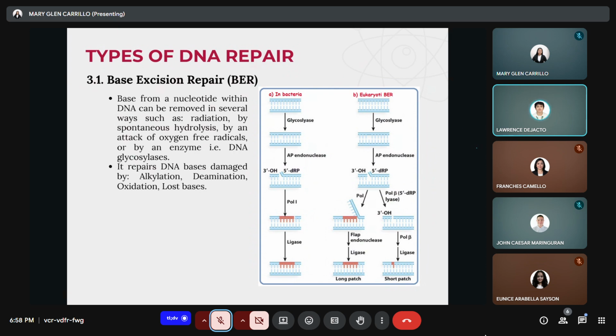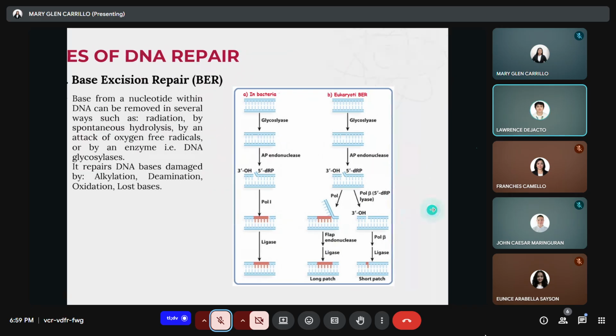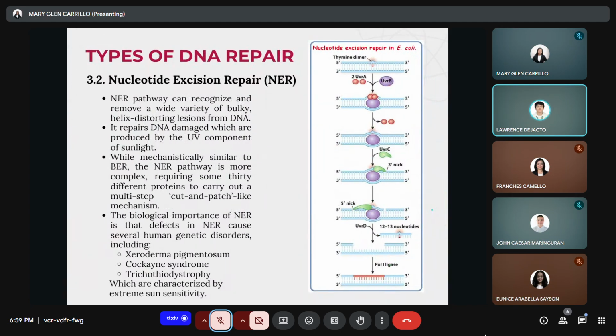So, the other type of excision repair is nucleotide excision repair, or the NER. The NER pathway can recognize and remove a wide variety of bulky helix-distorting lesions from DNA. It repairs DNA damage produced by the UV component of sunlight.